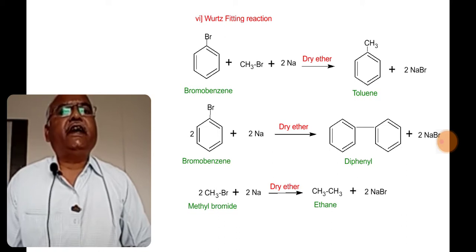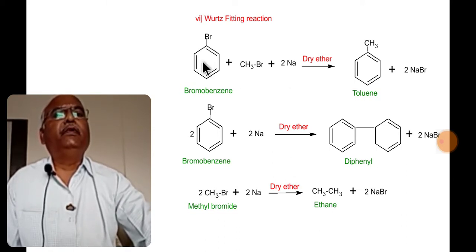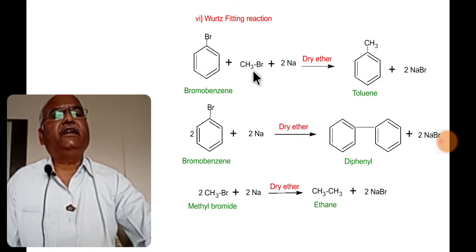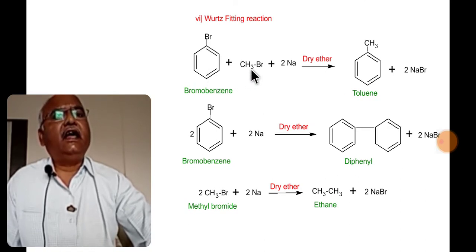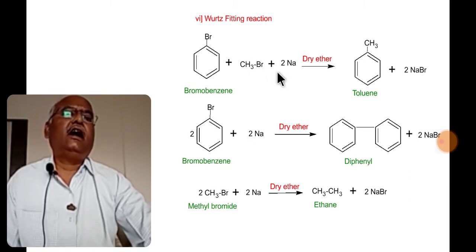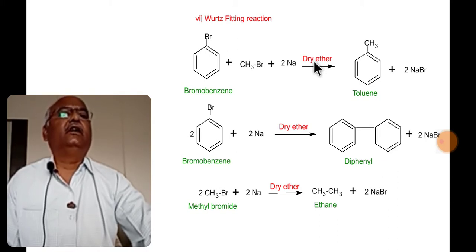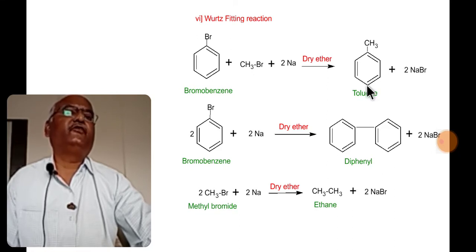Wurtz-Fittig reaction. So remember, here bromobenzene is taken and methyl bromide is another alkyl halide. Aryl halide and alkyl halide are treated with sodium metal in presence of dry ether and methylbenzene or toluene is formed.